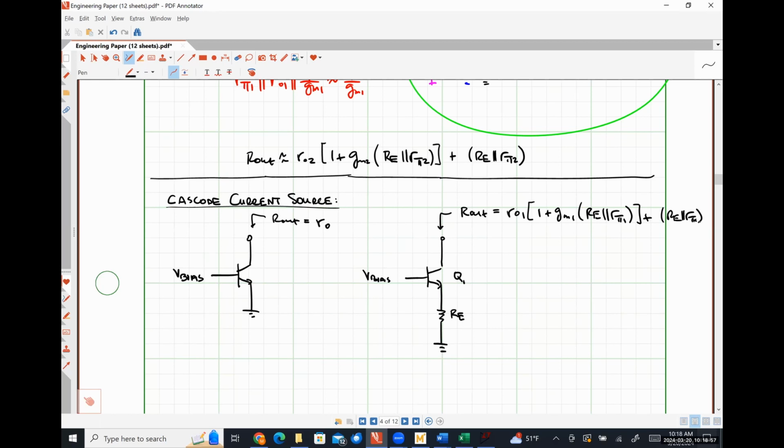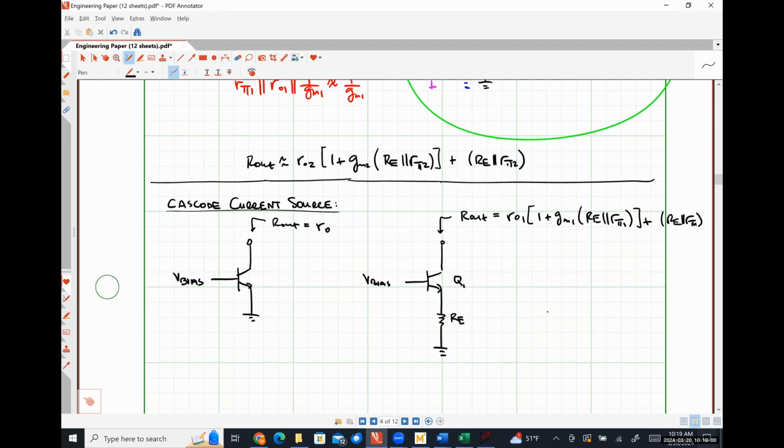What I mean by that specifically is that if we were concerned about the voltage at this node, let's just call it V out, the output voltage seen at the collector of this degenerated transistor current source is going to be higher than the voltage seen at the collector of the non-degenerated current source. So in order to minimize some of that headroom loss, we can replace that resistor RE with a transistor, right?